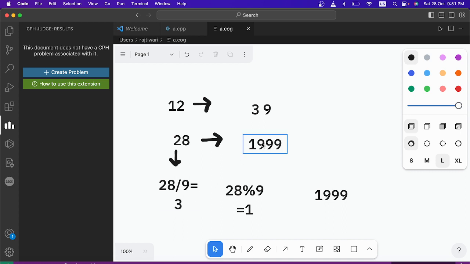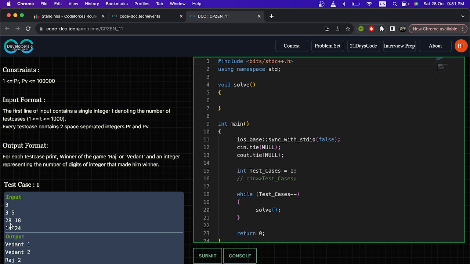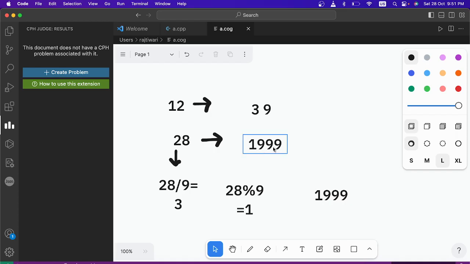Then on taking the remainder, we get 1, so we place the 1 here. So 9 plus 9 plus 9 plus 1 is equal to 28. For 28, we get just 1999.